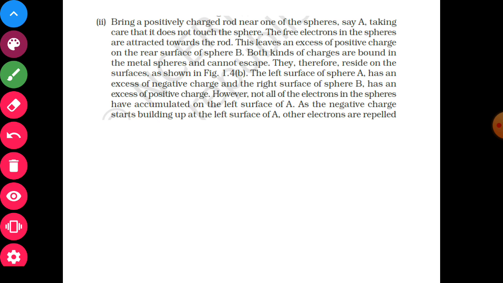Now bring a positively charged rod near one of these spheres. You are bringing, say, a glass rod which is positively charged, close to one of the spheres. You are not touching it.